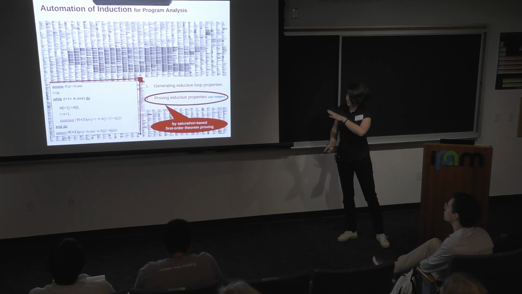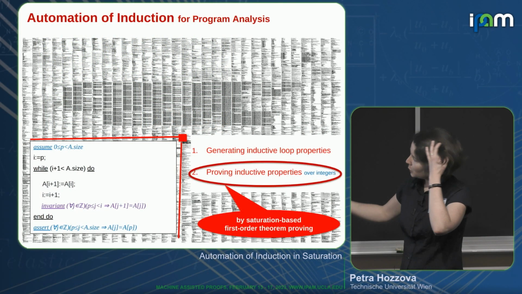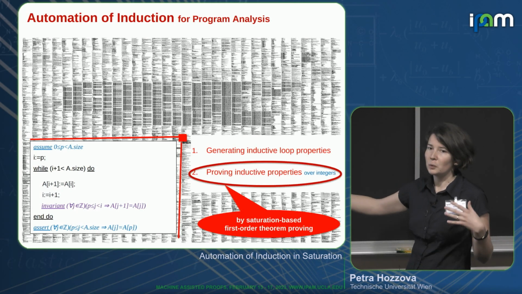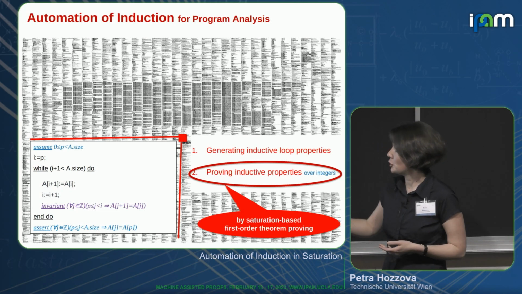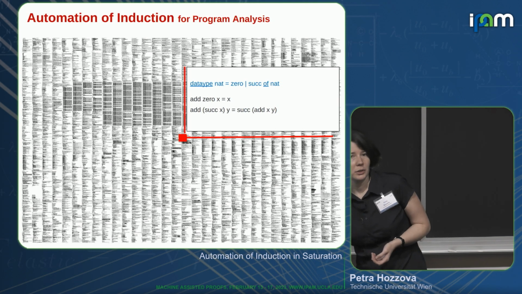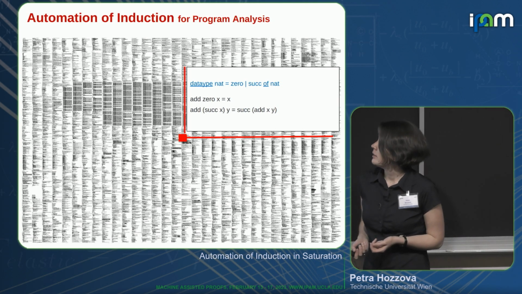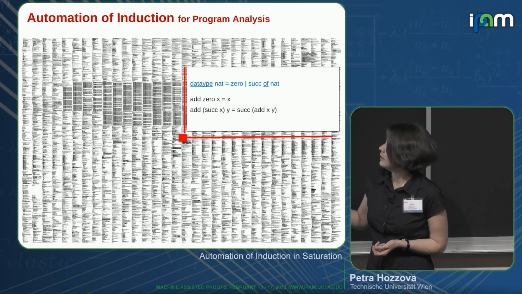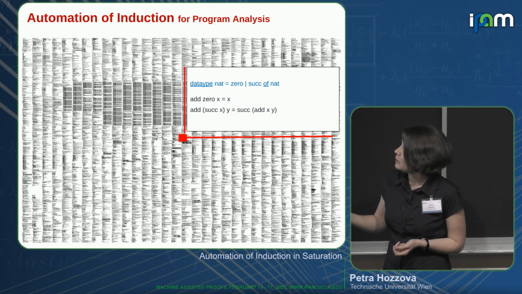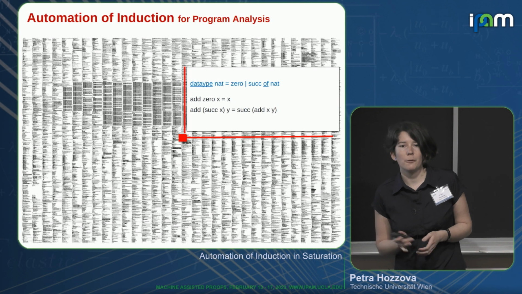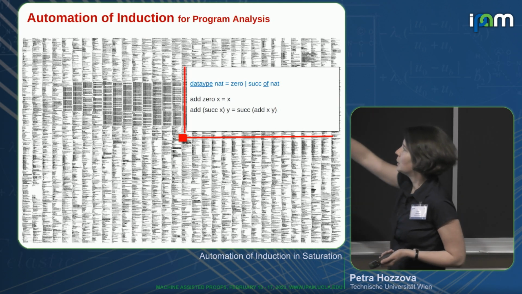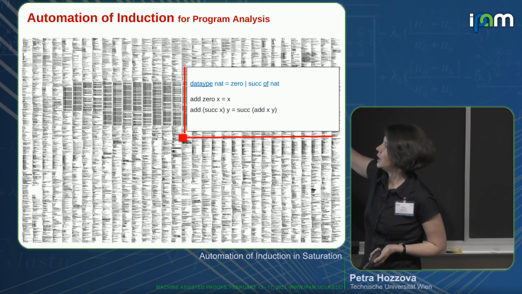Okay, so this is the first thing that we would like to do: automate proving inductive properties over integers. The second construction that is also very common in programming is recursion. And here we again have a very simple example. We're defining the data type of natural numbers. 0 is a natural number, successor of a natural number is also a natural number.